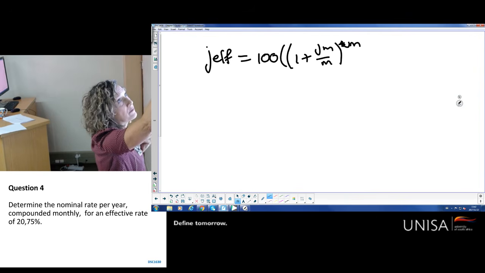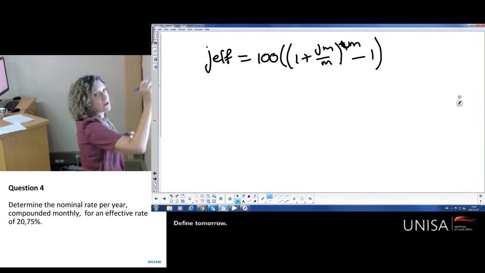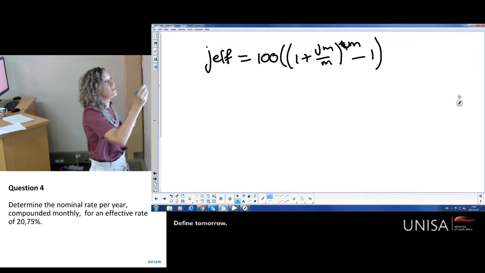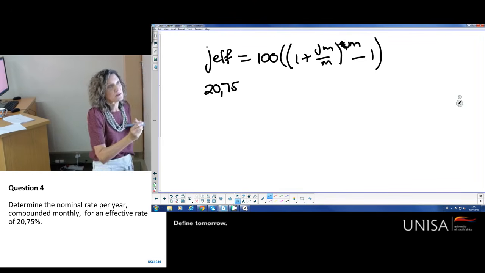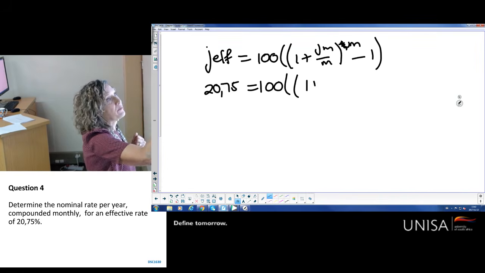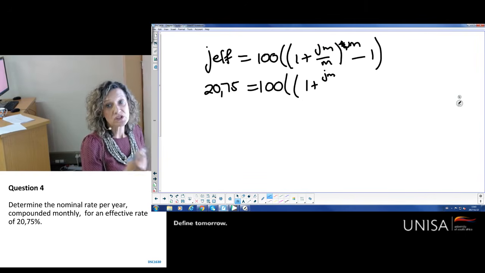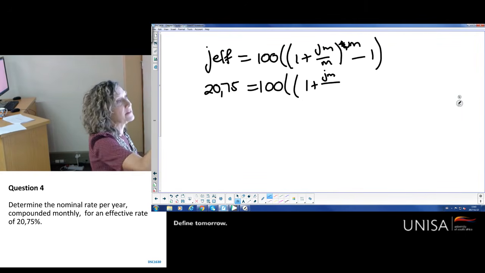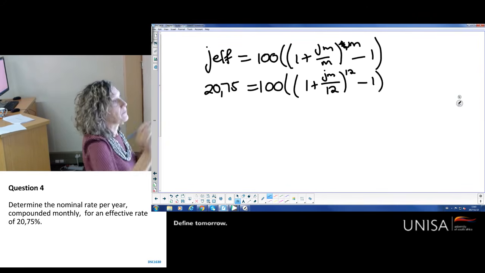It's just M, right, minus 1. Okay. What is given to me? The effective rate is 20.75. So it's 20.75 percent equals 100, 1 plus JM, which we need to calculate, right? Because it's asked the nominal rate per year. It is compounded monthly, so we know the power is 12, minus 1.